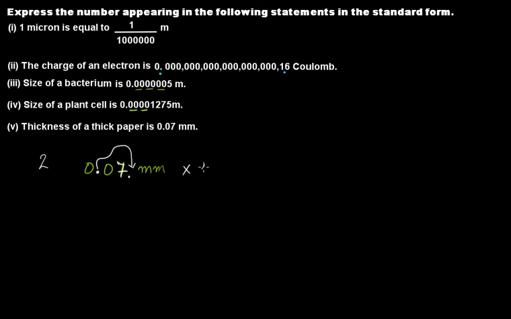So multiply this number by 10 raised to the power of 2, and then divide also by 10 raised to the power of 2. So you get 7.0. 7.0 is nothing else but 7, and then multiplied by 1 divided by 10 raised to the power of 2, that is 7 multiplied by 10 raised to the power of minus 2.